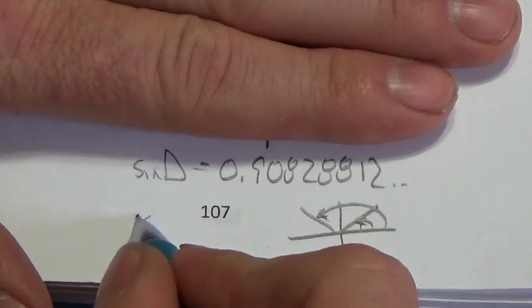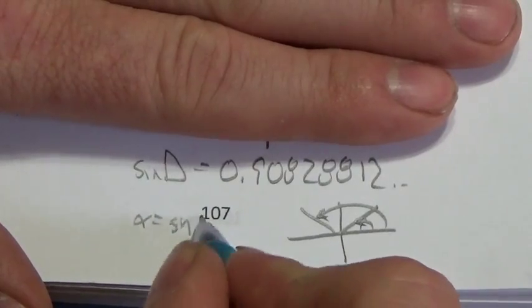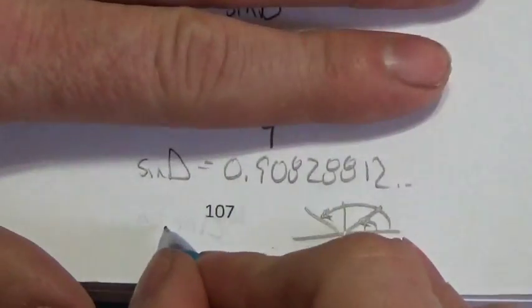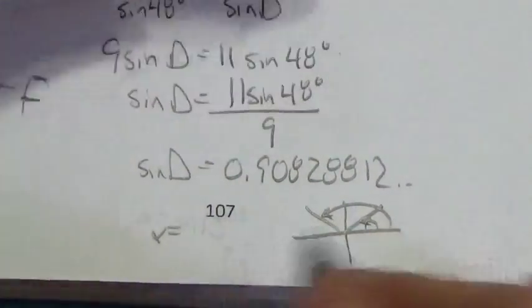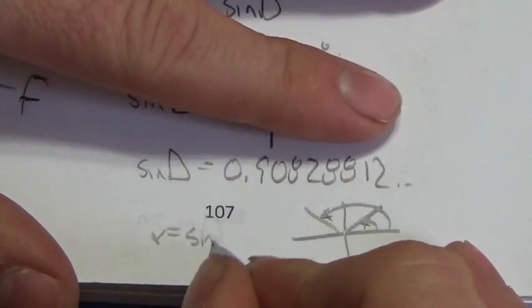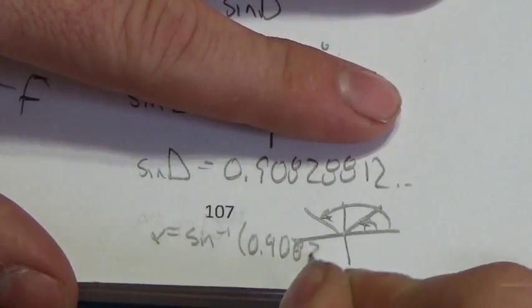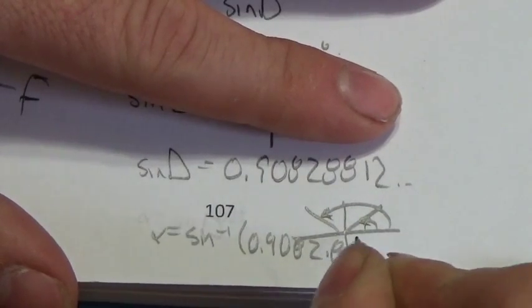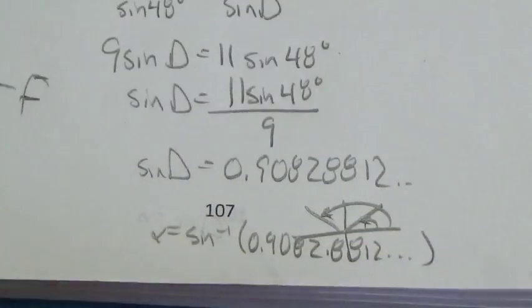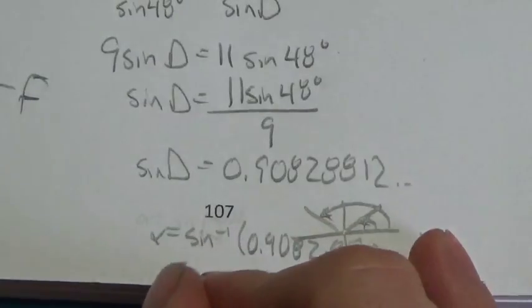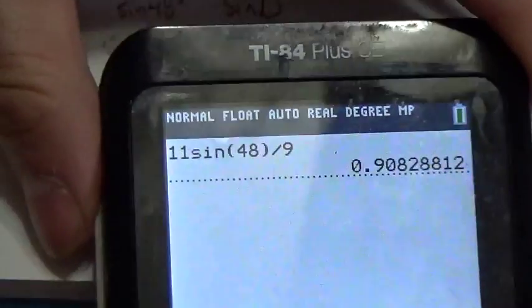So what I need to do first of all is find the reference angle or the angle inside the triangle here. Now, I'm running out of room here at the bottom, but whatever. So that's going to be the inverse sine of 0.9082812 and so on. I'm just going to do it like this.